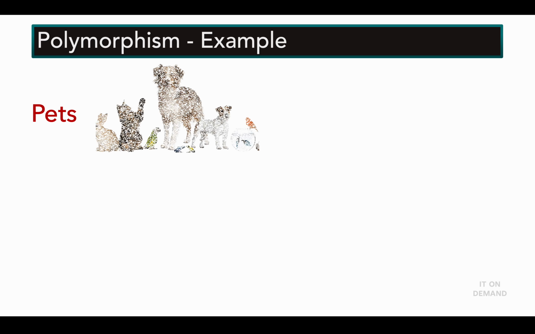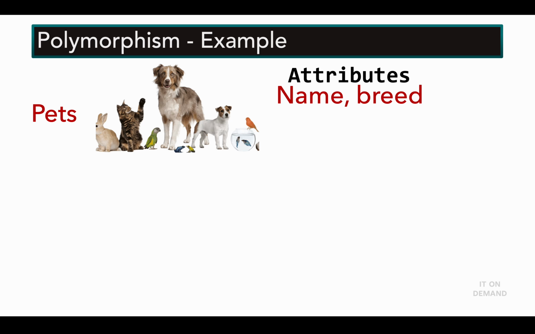So we have pets. Right? Some people have dogs, some people have cats, some people have fish, some people have birds, some people have different parrots. And let's say we know all these are pets. And we know that these pets have attributes such as name, breed.